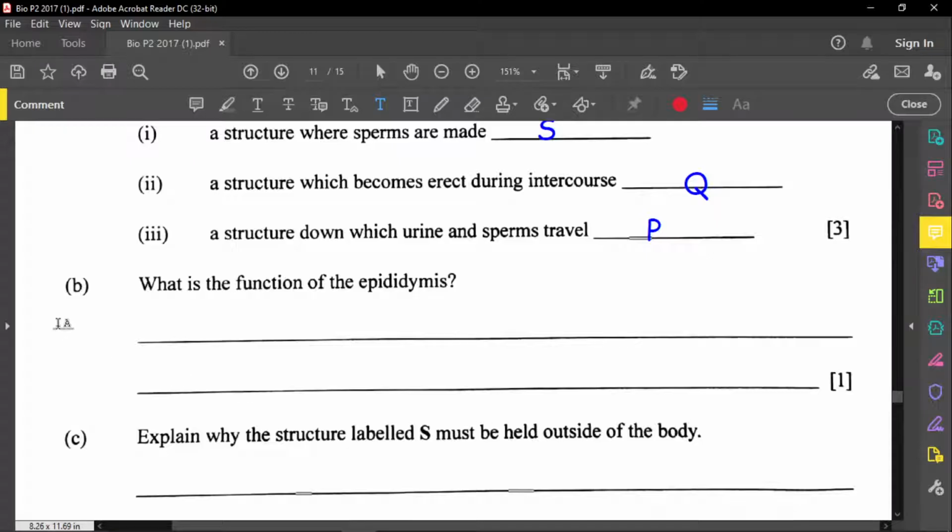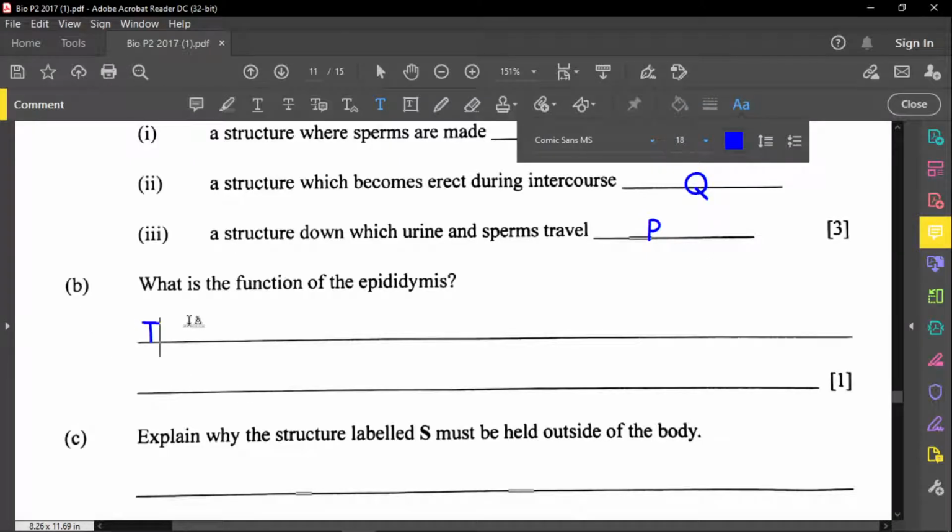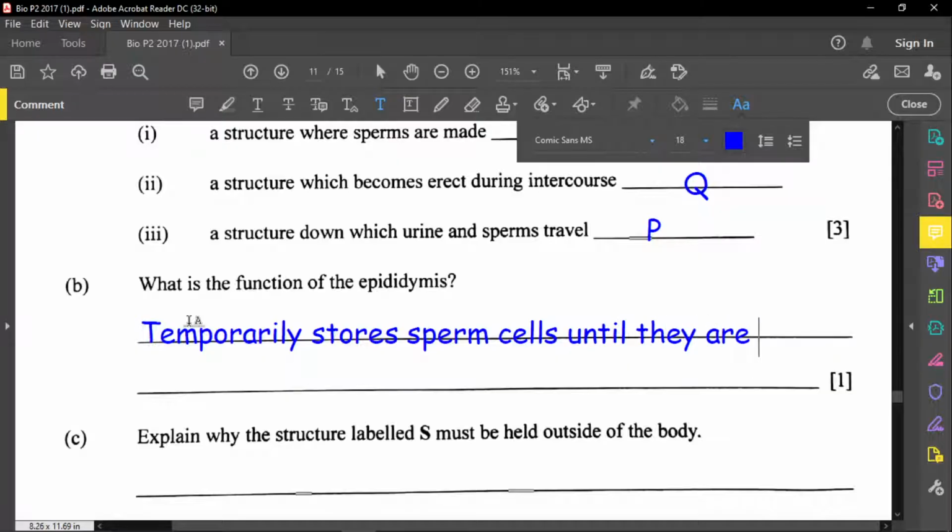So let me quickly write that in. It temporarily stores sperm cells until they are matured. That's exactly what the epididymis is doing.